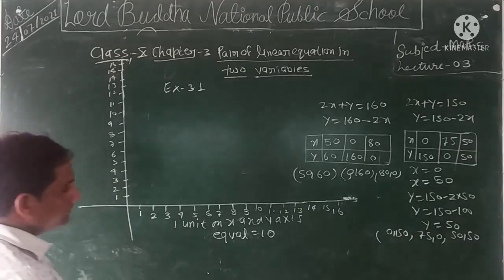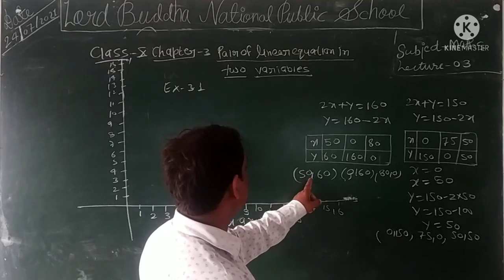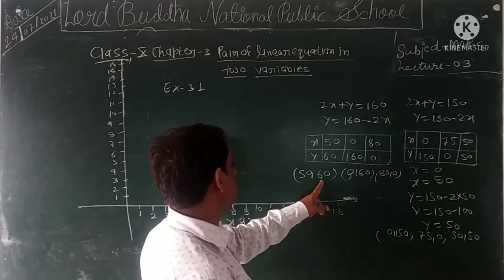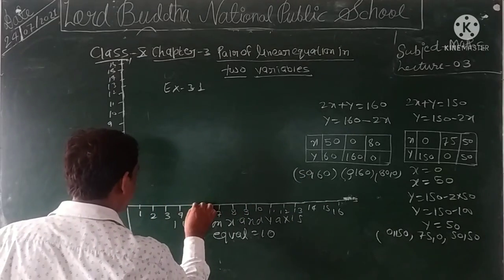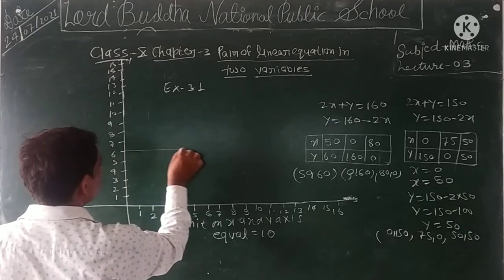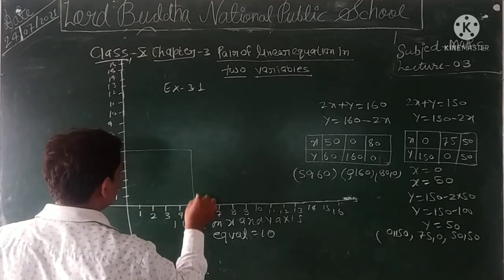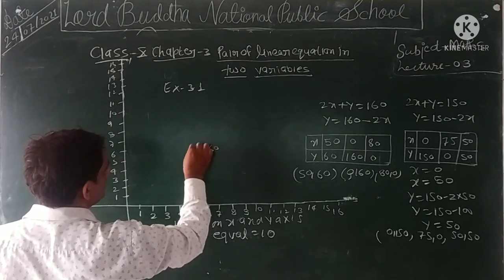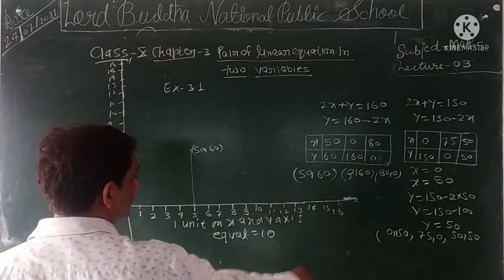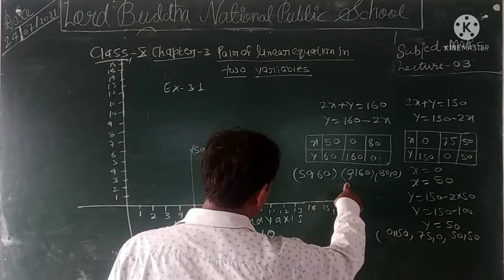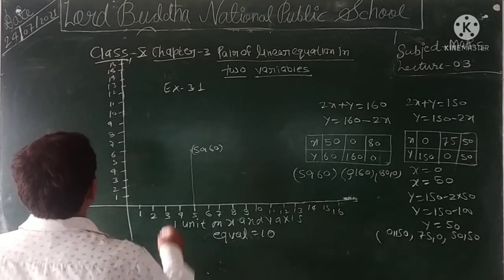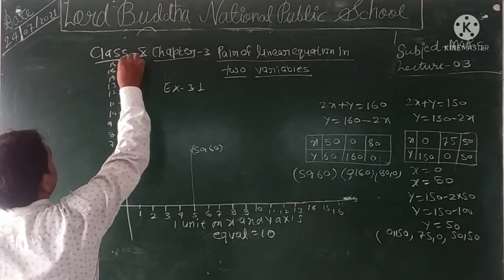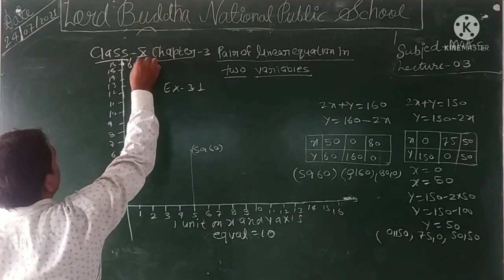First of all we put 50 60, meaning here 5, here 6. This point will be something here. Now the second is 0 160, 0 here, 160 here. It will be 0 160.